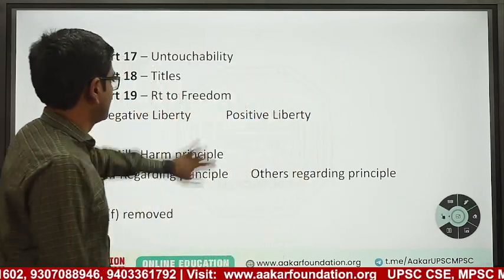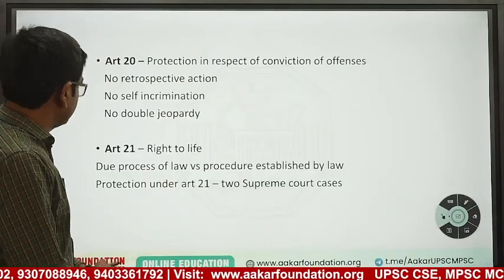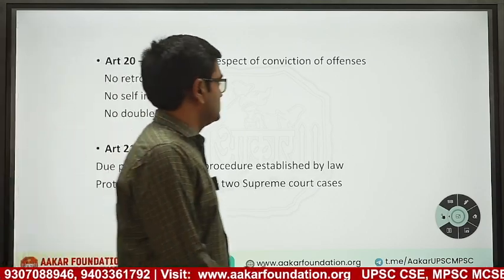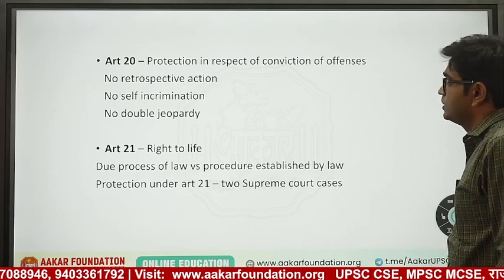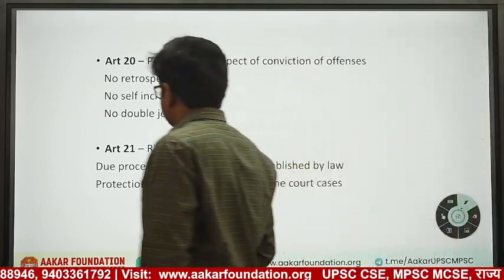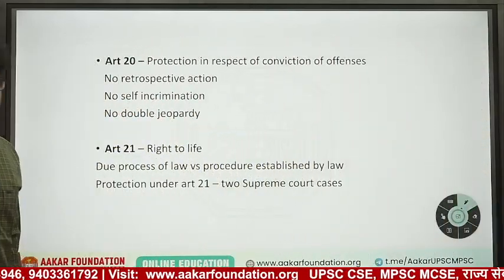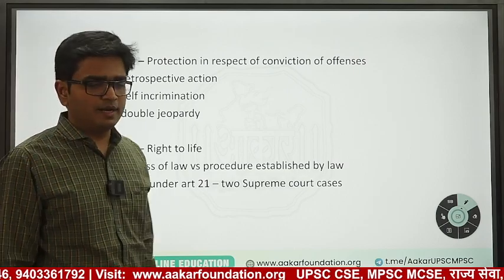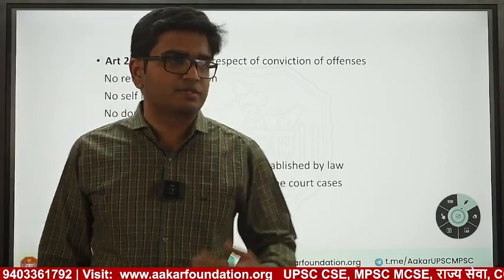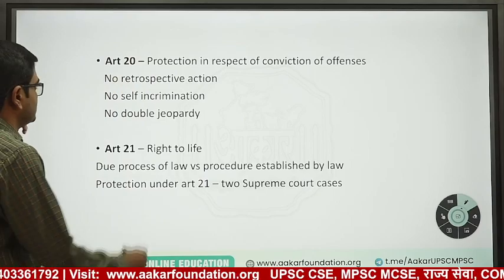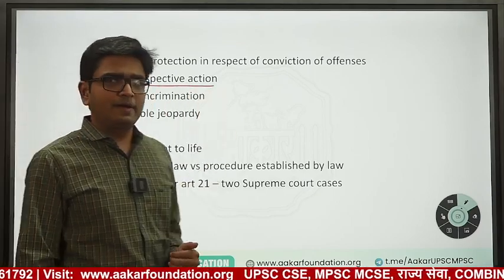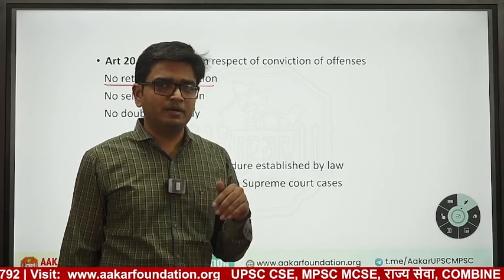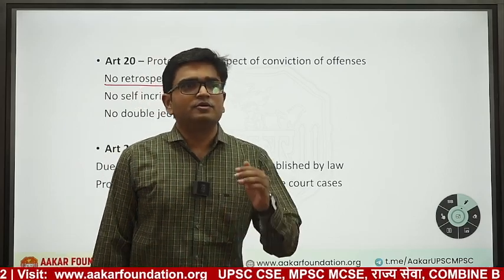Then move further. Article 20, protection with respect to conviction of offences. So this is one important thing here. Article 20 deals with conviction of offences. If an offence has been proved and the person is convicted, then what happens? First, there shall be no retrospective action. For example, take murder.